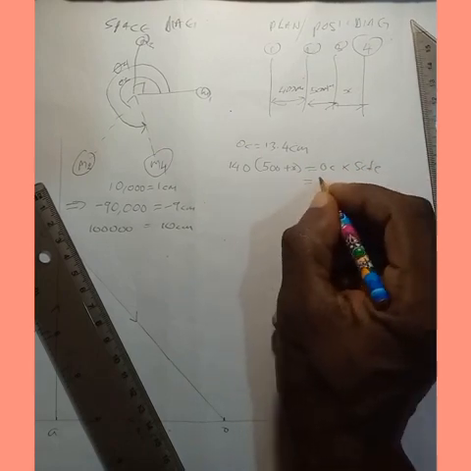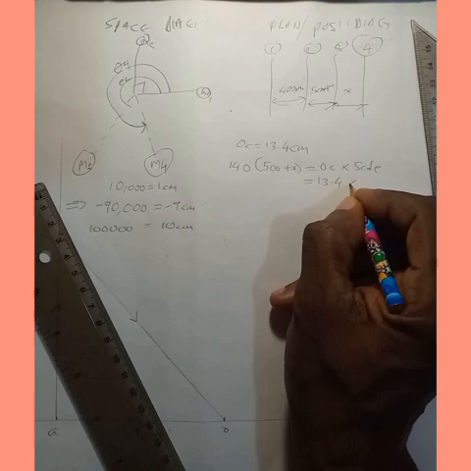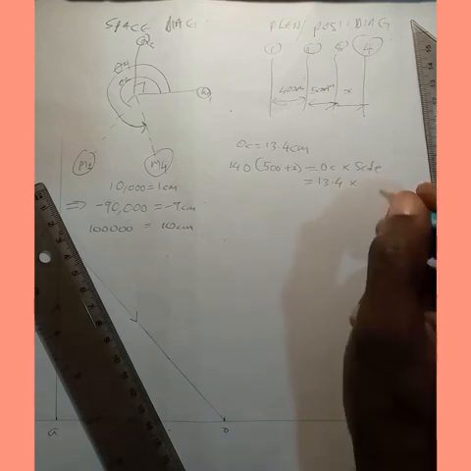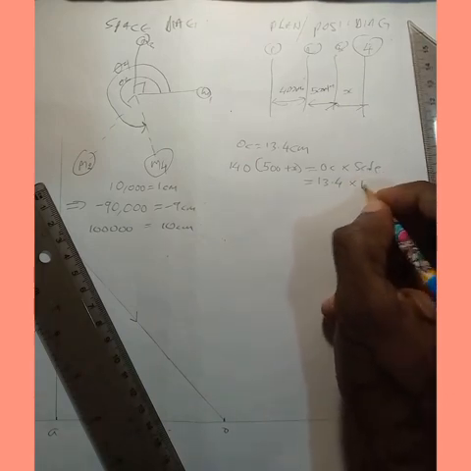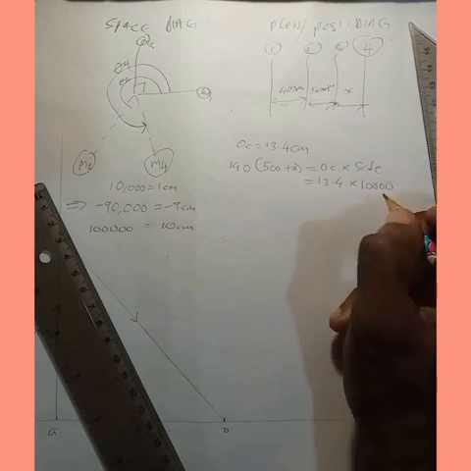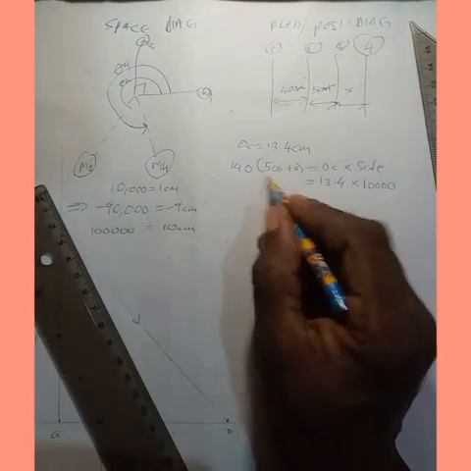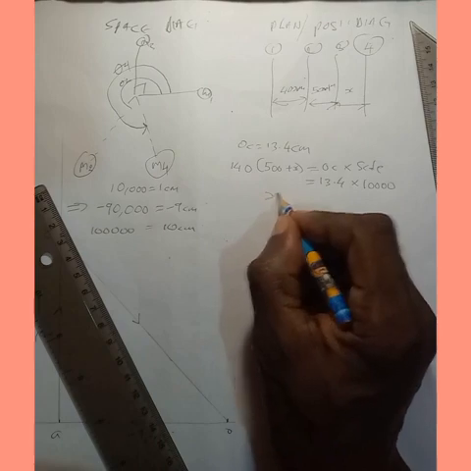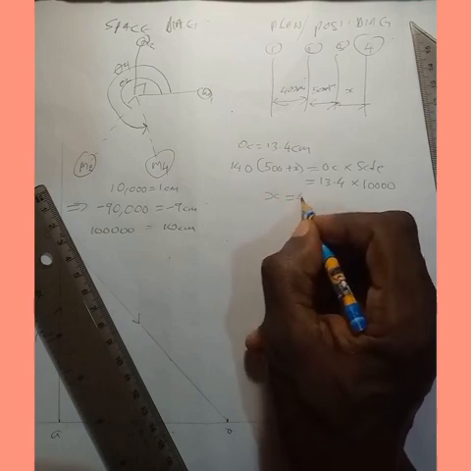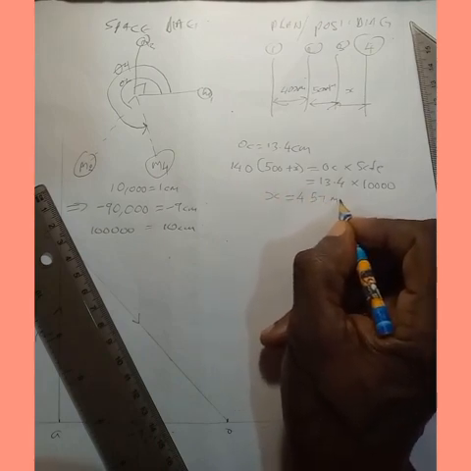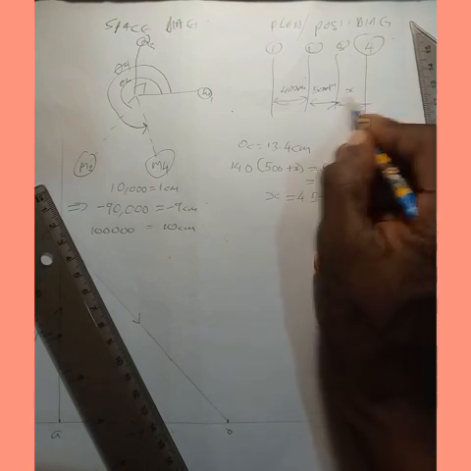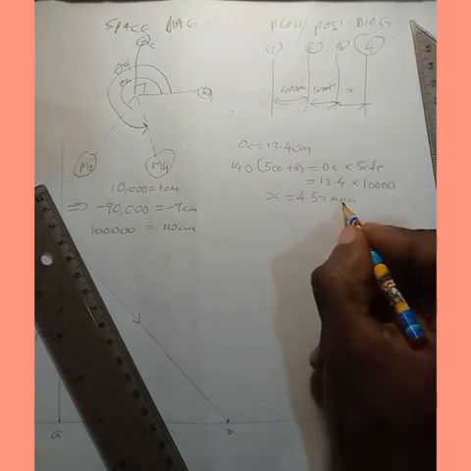So now this is equal to 13.4 multiplied by the given scale, which is 10,000. So from here we only need to make x the subject of the formula. Eventually our x is going to give us 457 mm. So this has been known already. So x is 457 mm.